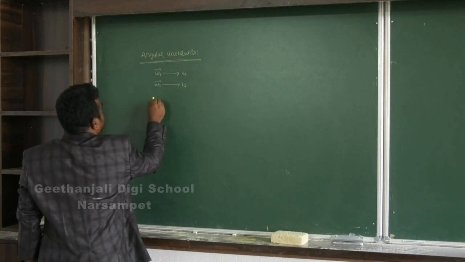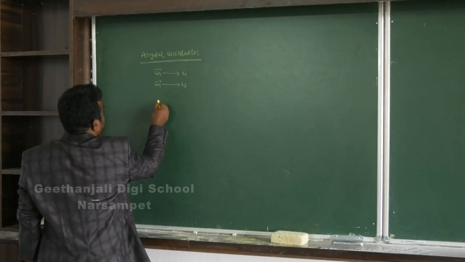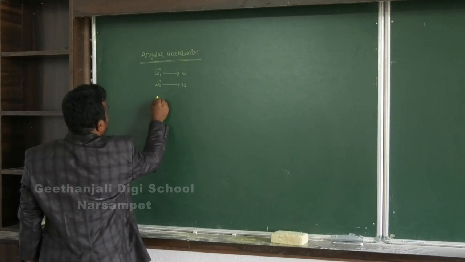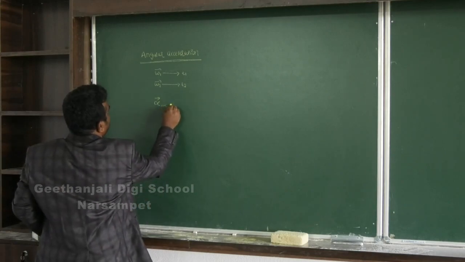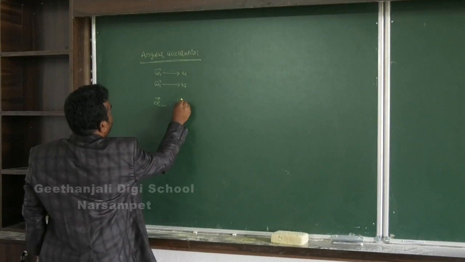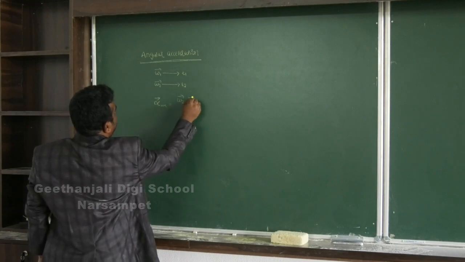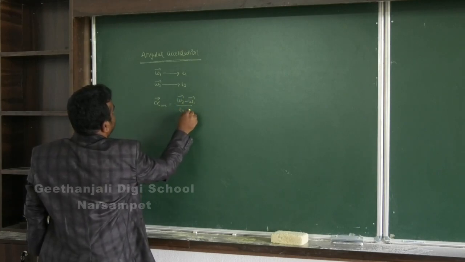Then the average angular acceleration alpha average is equal to omega 2 minus omega 1 by t2 minus t1.